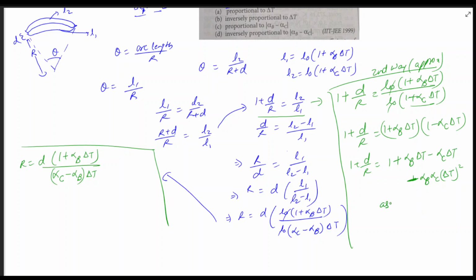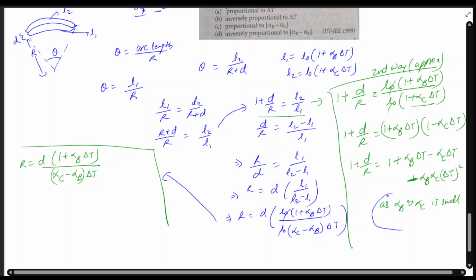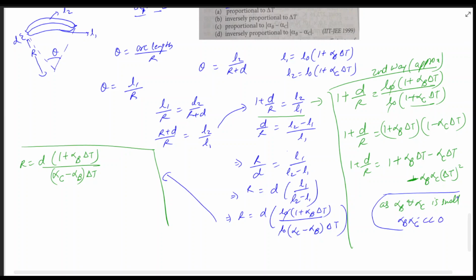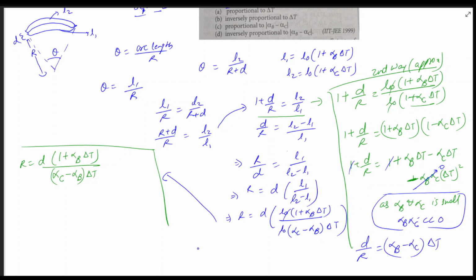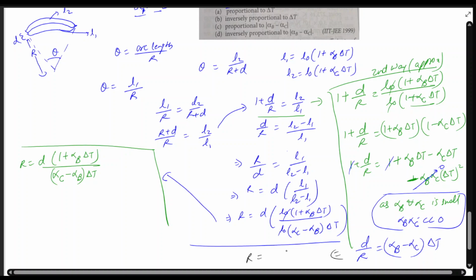Now, as alpha B and alpha C are small, alpha B into alpha C is negligible, so we can ignore this and make it 0. The 1 will get cancelled, so we have D by R equal to alpha B minus alpha C into delta T. So we simply get R as D upon alpha B minus alpha C into delta T.